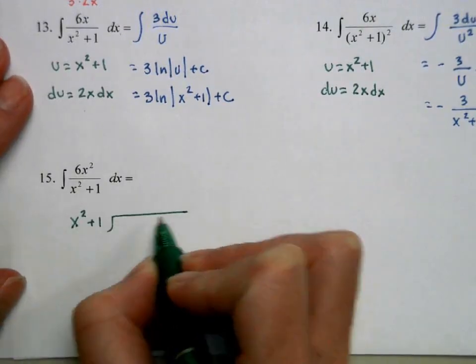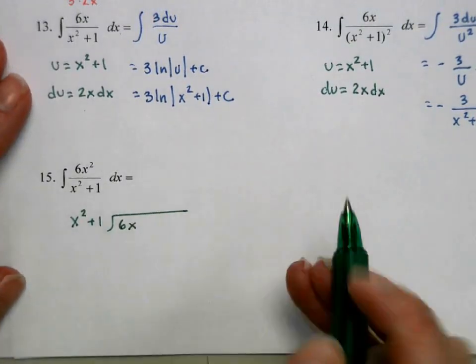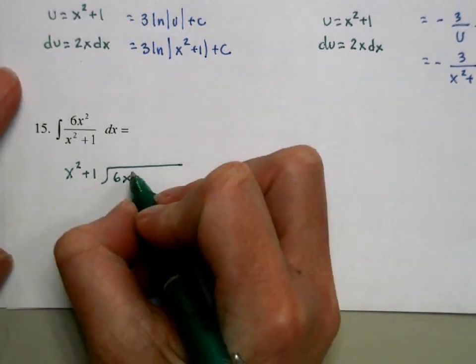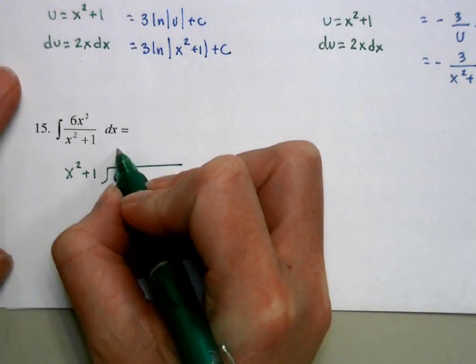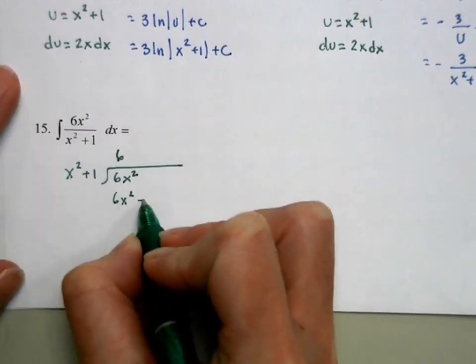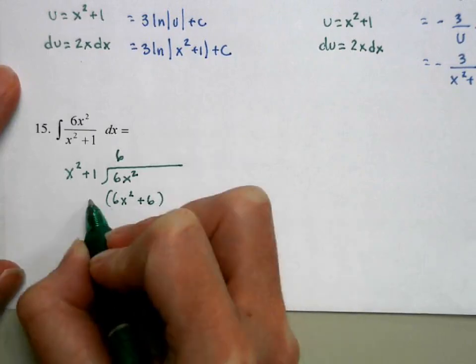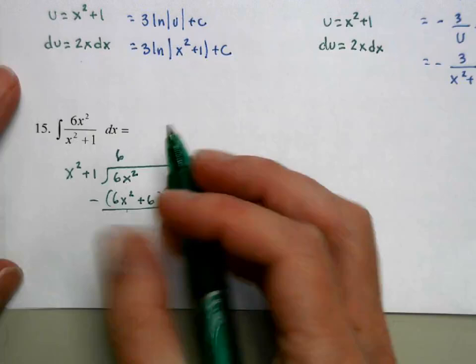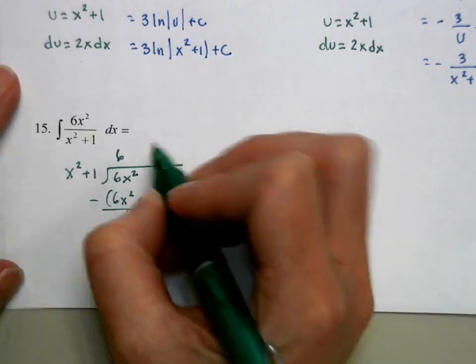Okay, so you're looking at what you'd multiply this by to get this, which would be a 6. So I get 6x squared plus 6. Then we subtract. These should always go away or cancel. 0 minus 6 is a minus 6. So I have a remainder of 6 over x squared plus 1.